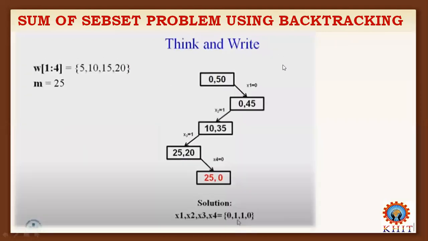Now let me give you another solution. If you consider the tree, x1 equal to 0, the first item was not selected. The second item was selected, x2 equal to 1. The third item was selected and the fourth item was not selected.